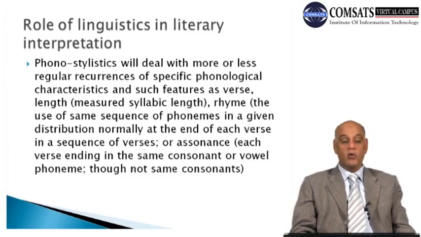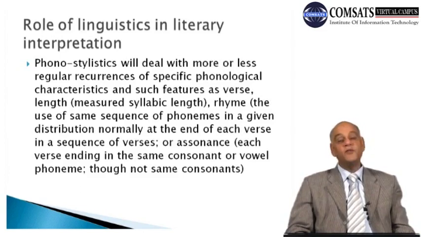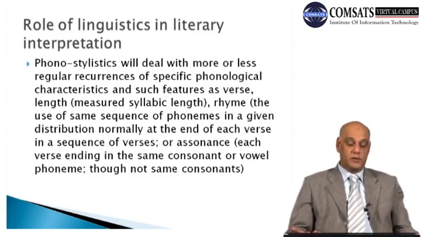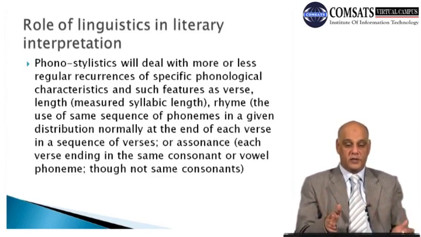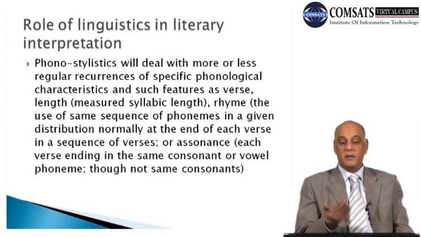Phonostylistics will deal with more or less regular recurrences of specific phonological characteristics and such features as verse length, measured syllabic length, when you measure the syllables, when you see how the syllables have been put in a certain verse. Rhyme, the rhyming scheme, is the use of the same sequence of phonemes, the same sounds in a given distribution, normally at the end of each verse.